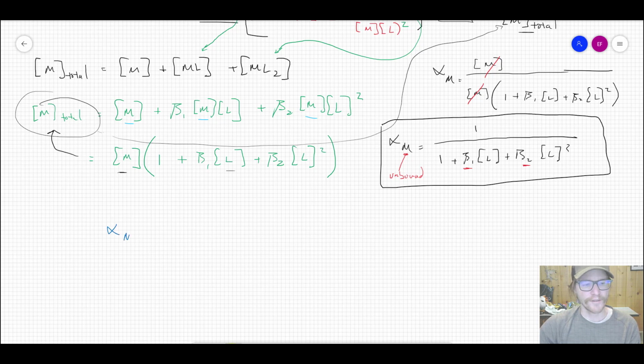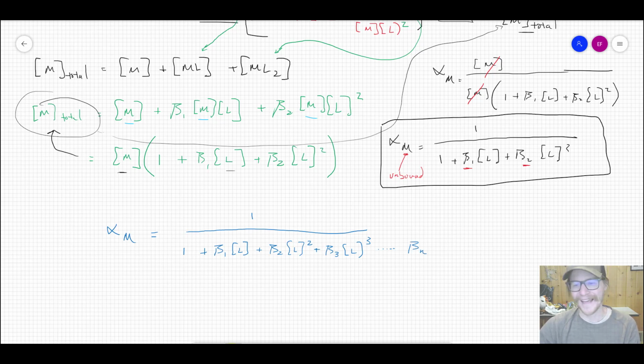The fraction of M unbound is going to be, we're going to need a lot of space here, 1 over 1 plus beta 1 L plus beta 2 L squared plus beta 3 L to the third, etc., where we have then up to however many complexes that can form, n. So we have beta n times the ligand concentration raised to the n. So this would be our generic expression to compute the fraction of M that's unbound.